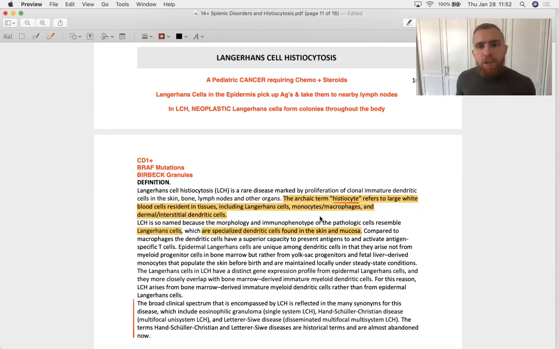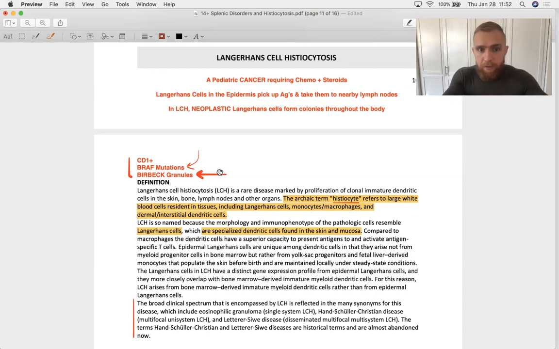Now you have to do a biopsy to confirm this diagnosis. And when you do a biopsy, you will stain for CD1. And if it's CD1 positive, that should get you a little bit worried. You can also do electron microscopy in which you'll find Birbeck granules. We'll look at those. And finally, all Langerhans cell histiocytoses characteristically have a BRAF mutation.